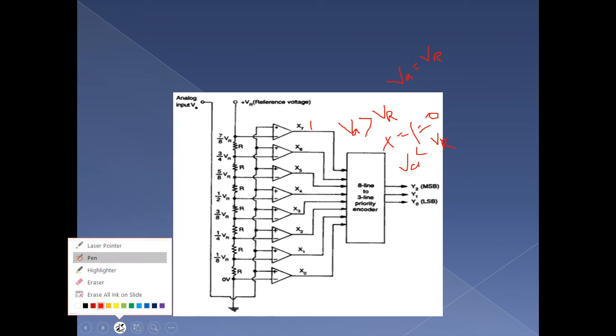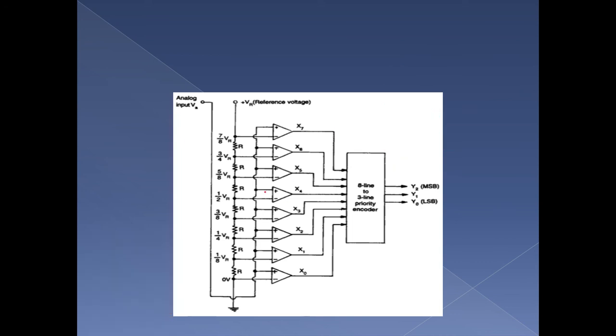We will see, for example, for one input what the output will be. So I am giving an analog input of 4 volt, and I have given the reference voltage as 5 volt. The 5 volt is connected to the comparators through different stages of resistors. So here we need to find out the voltage at each point. Here it is 7 by 8 VR, here it is 3 by 4 VR, here it is 5 by 8 VR, and here it is 1 by 2 VR.